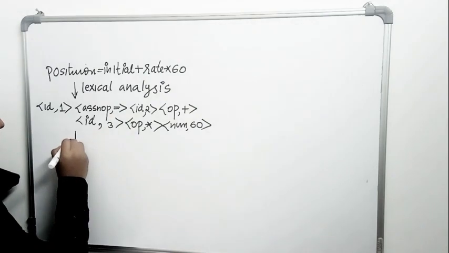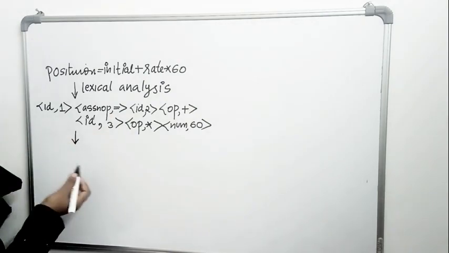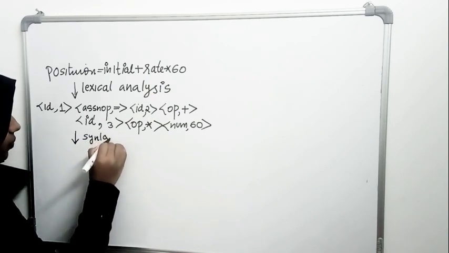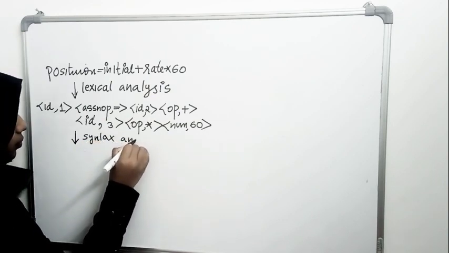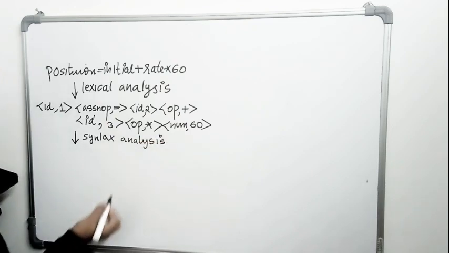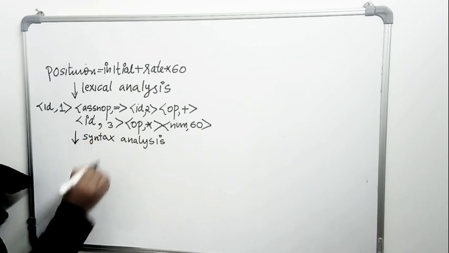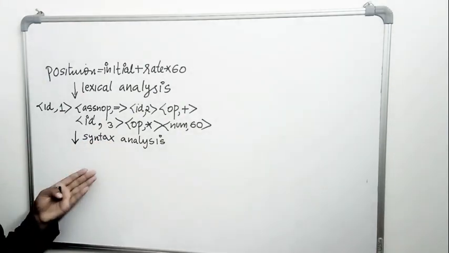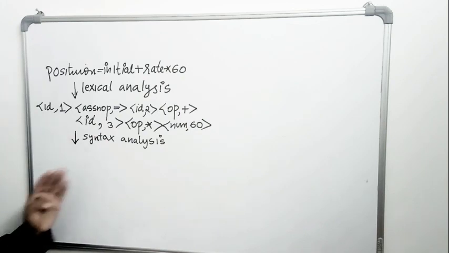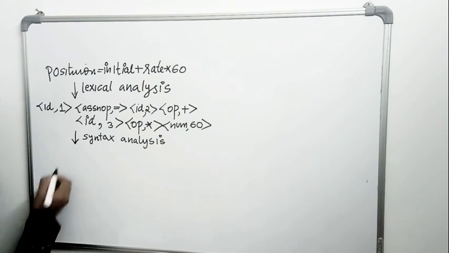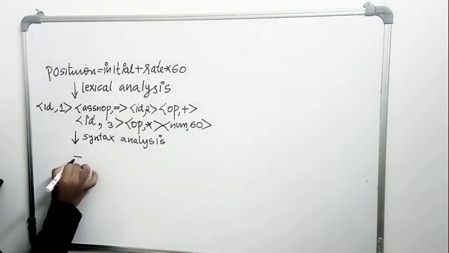Now we will give this output to the next phase, that is the syntax analysis phase. As we have seen in the previous video, syntax analysis constructs a syntax tree out of it. That is, for equal to, there are 2 operands.